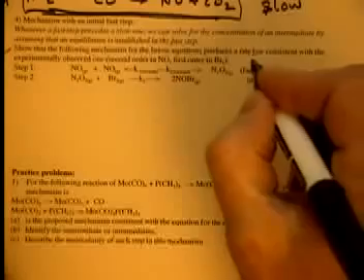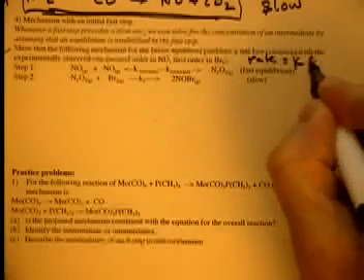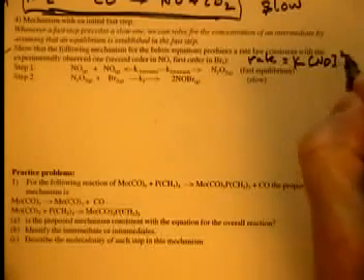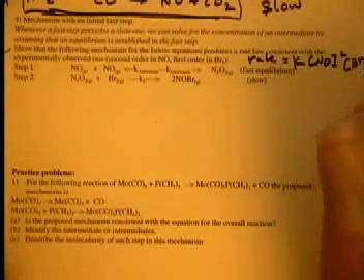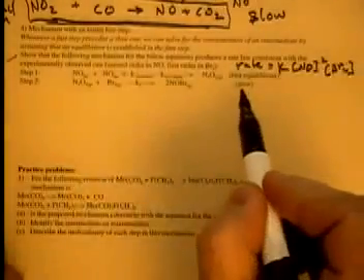So the observed rate law is rate is equal to some constant K times the concentration of NO to the second power times the concentration of Br2 to the first power. Okay, here's step 1, here's step 2.